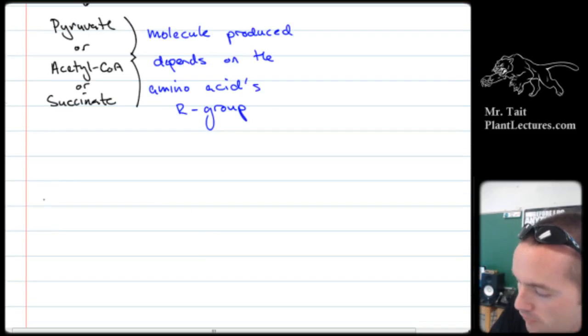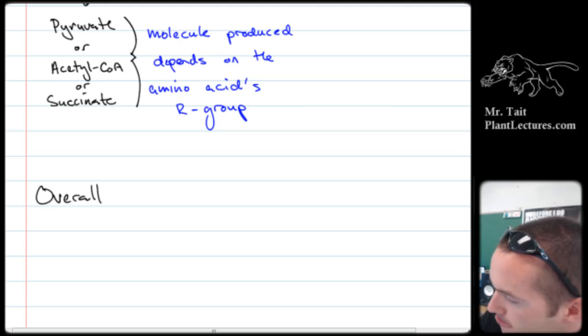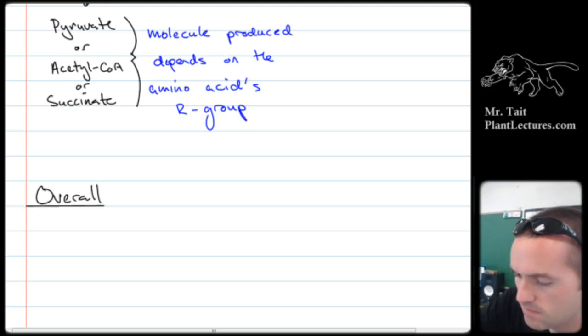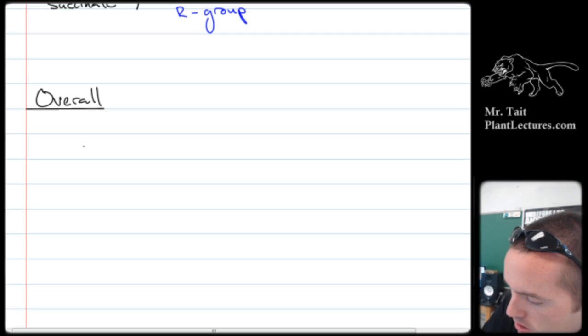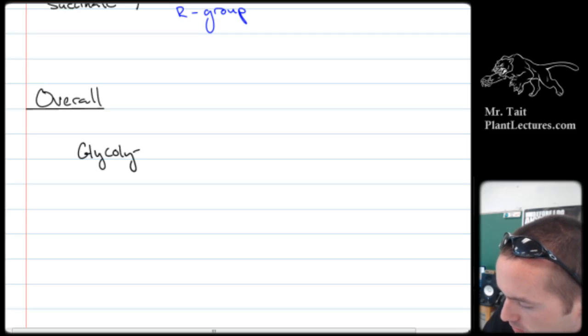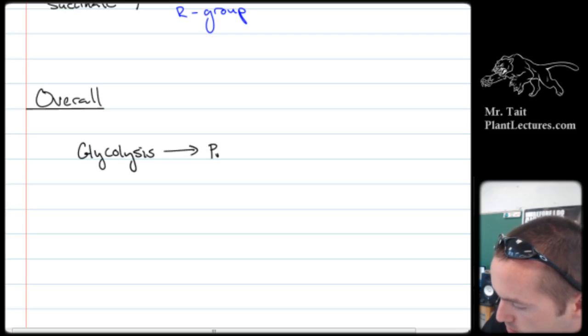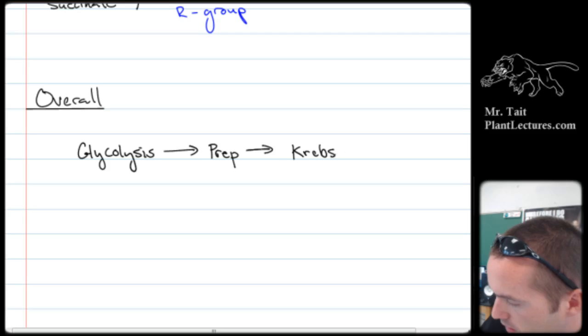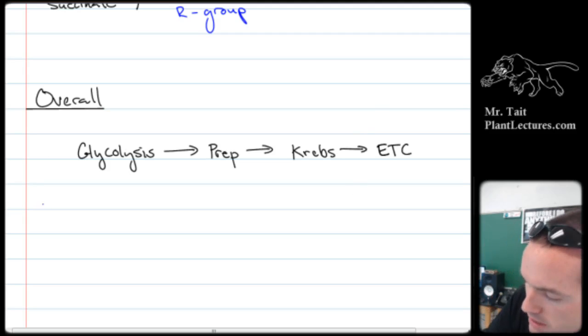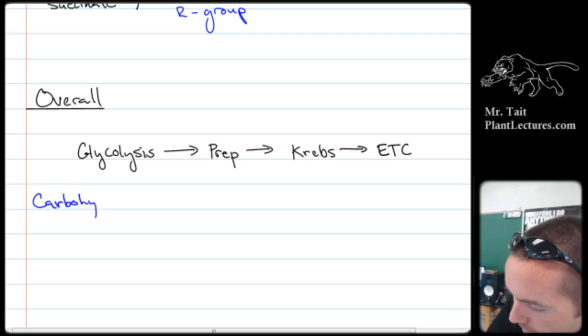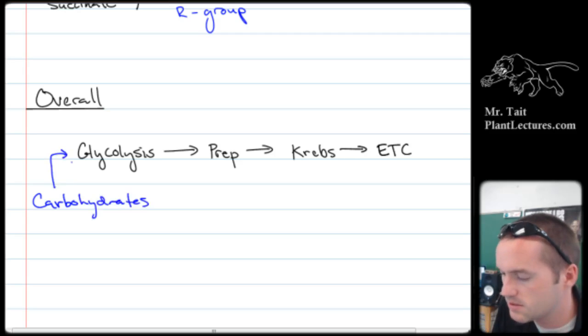Okay? So overall, you know that cellular respiration goes from glycolysis into Prep steps, into Krebs, and then into ETC. If you have a carbohydrate, it's going to go directly into glycolysis, right?